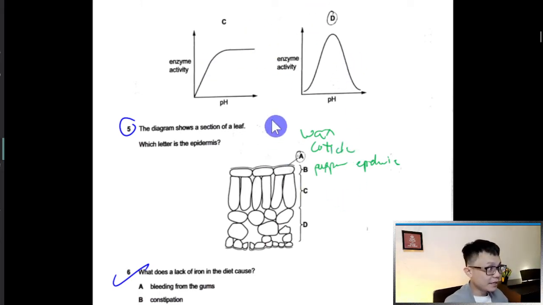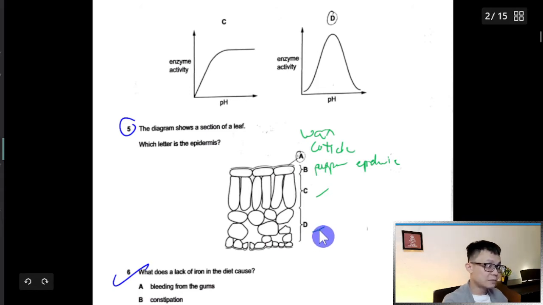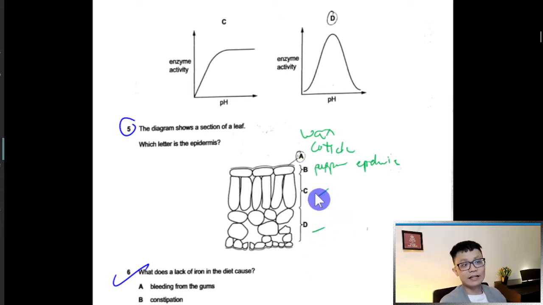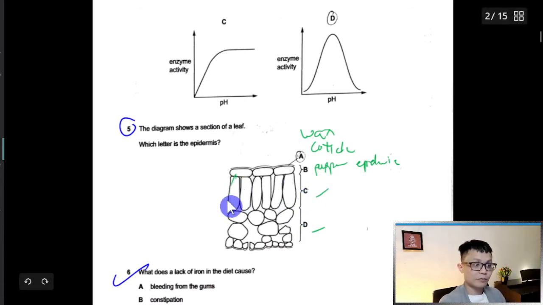Upper epidermis, followed by probably around here the palisade mesophyll, and then this one will be spongy mesophyll. We need to know this because the question might ask, it could be A, B, C or D. Where is the spongy mesophyll? Where is the palisade mesophyll? Where is the chlorophyll? Chlorophyll will be around here probably. Where is the stoma?